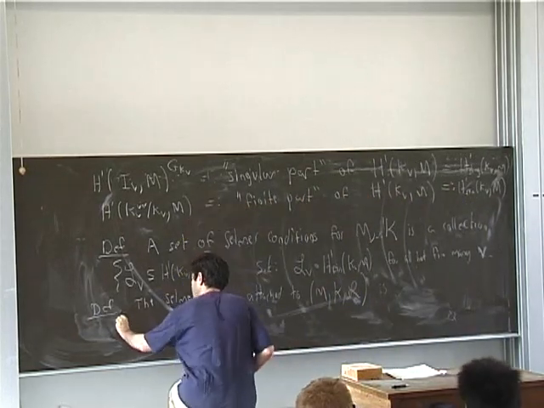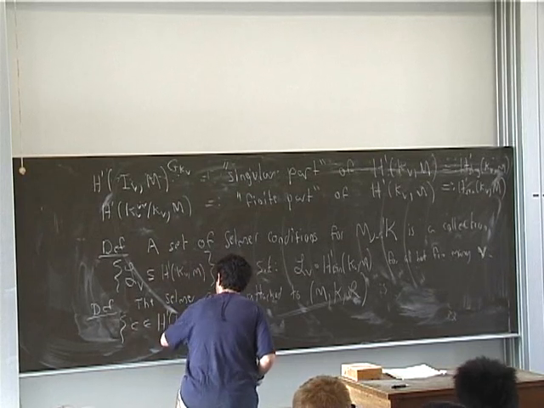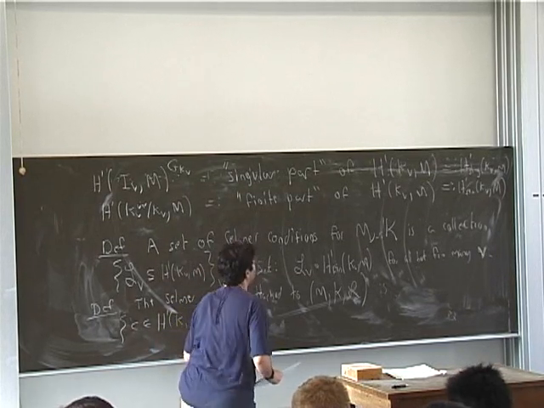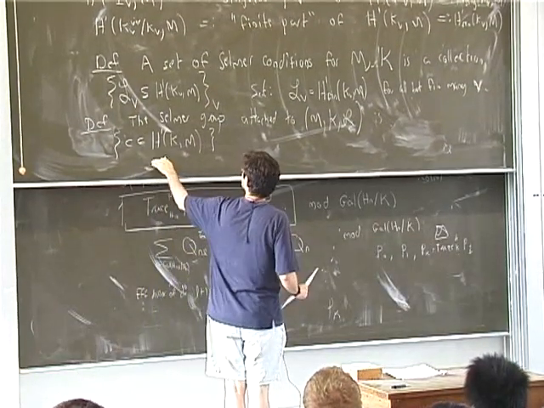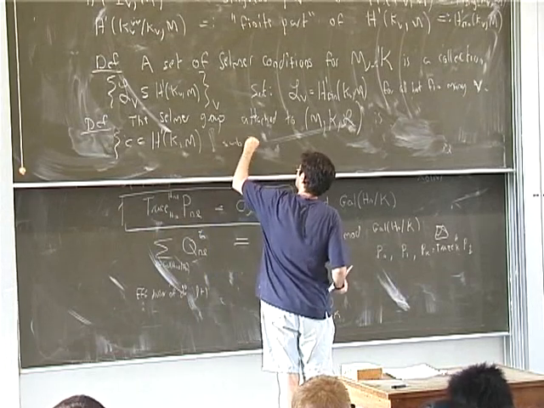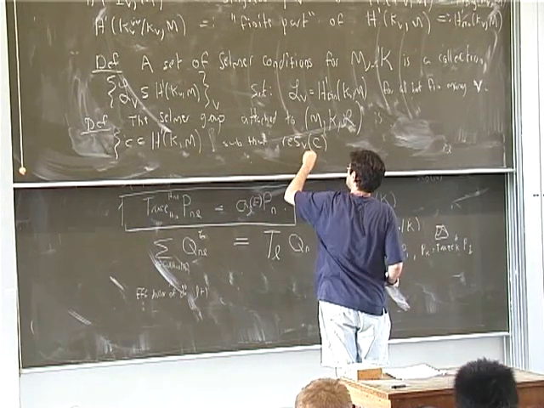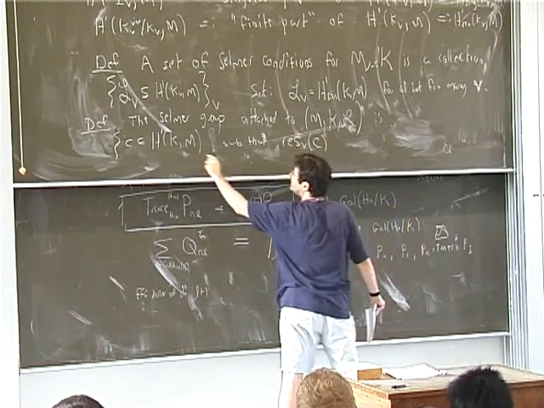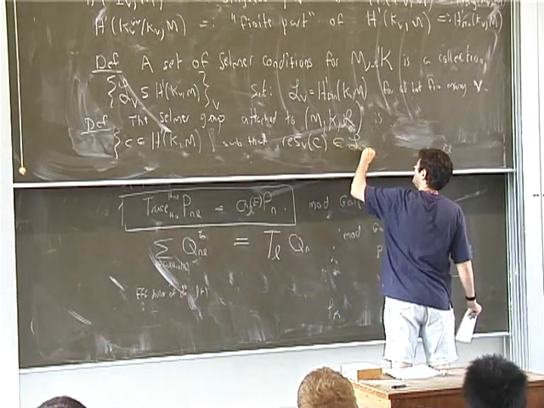It's the set of all classes C in H1 K, M such that the restriction at V of C, in other words, the natural image of C in the local H1 KV, belongs to LV.